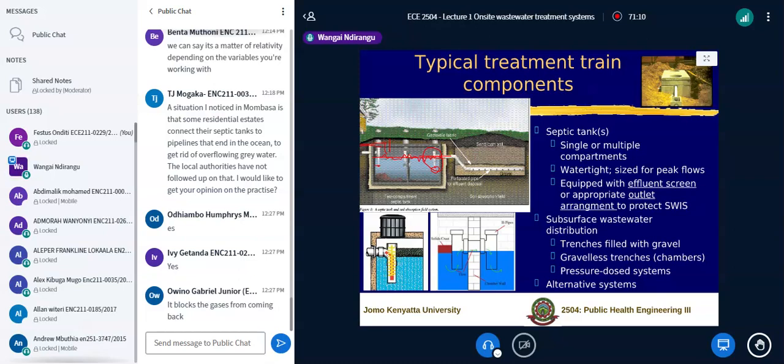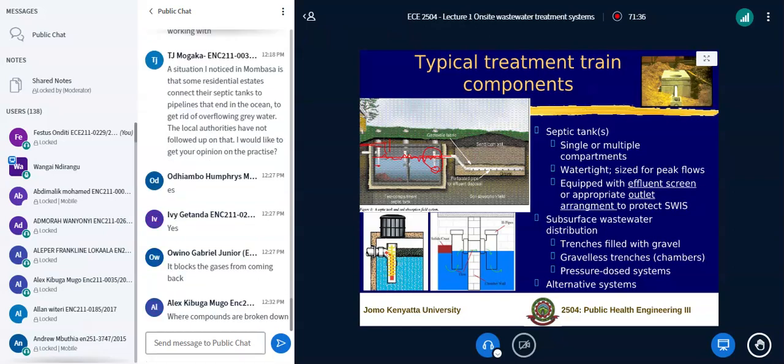Alex? And also Abdi Malik Muhammad, what do you understand? Where compounds are broken. Yes. Check for me. Abdi Malik, what do you understand?